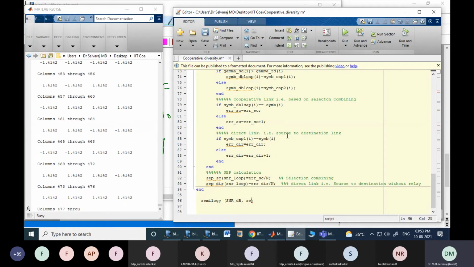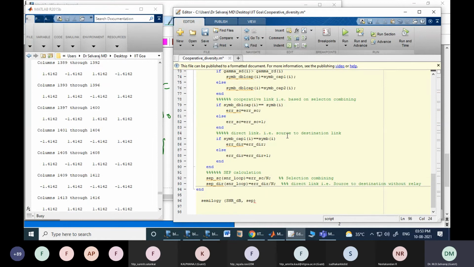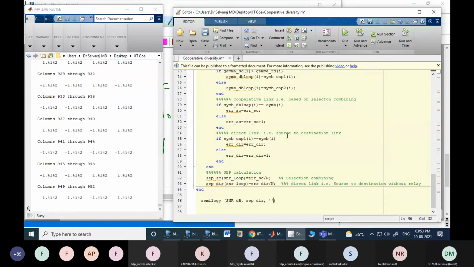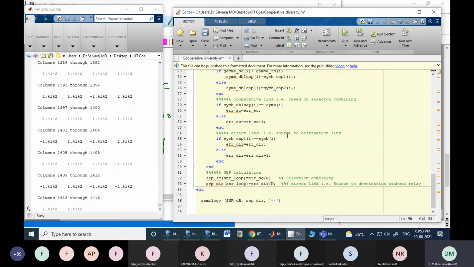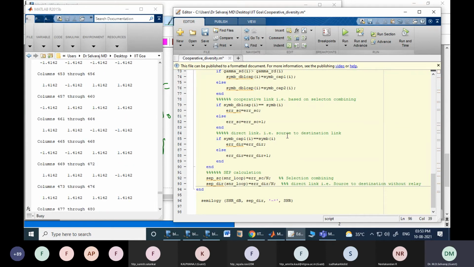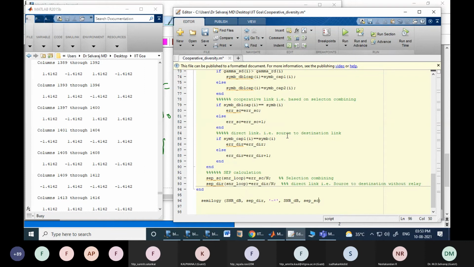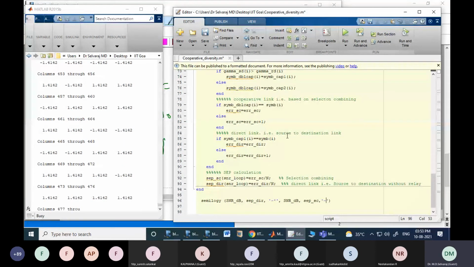One is SCP underscore direct, which we will put some star. And the other is SCP underscore SC, some circle or something.